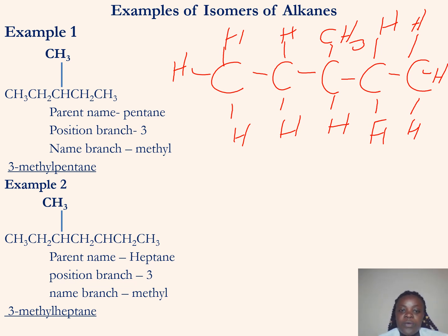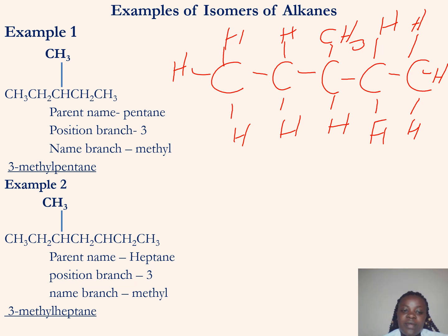So we have the parent name from 5 carbon atoms, that is pentane, pent meaning 5. Then at carbon number 3, we have a branch of methyl. So we have the position, carbon number 3, and the name of the branch is methyl. Now with this, we can name this isomer.